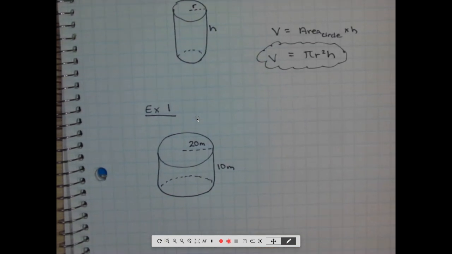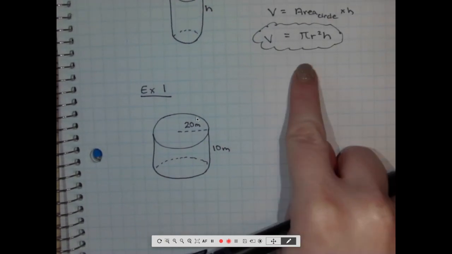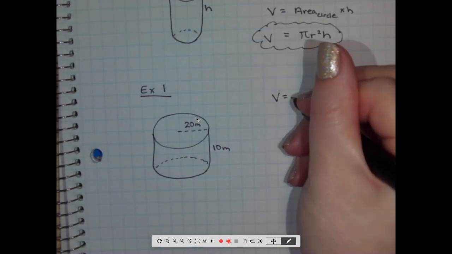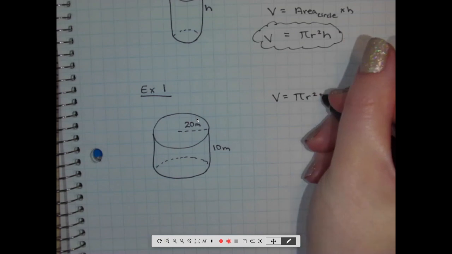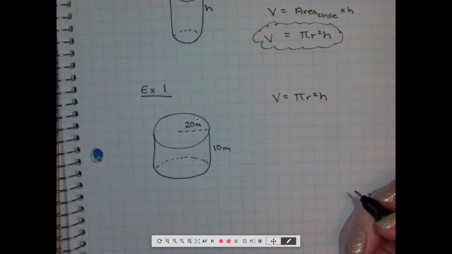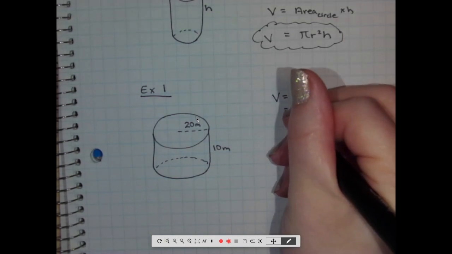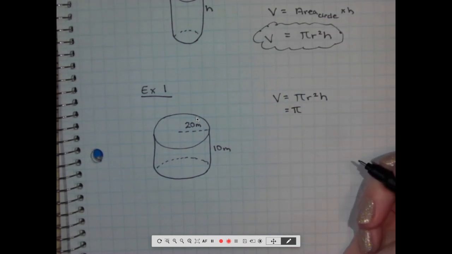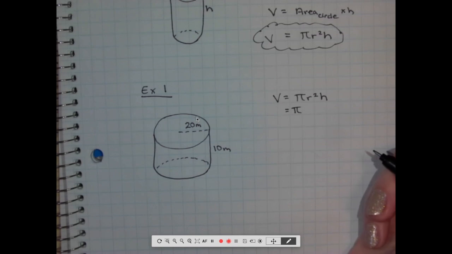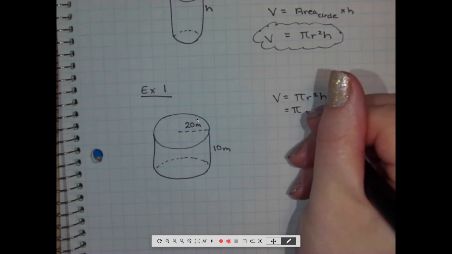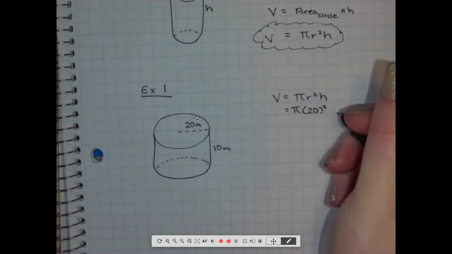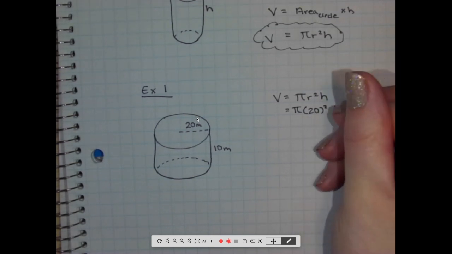So first thing I want to do is I want to use my beautiful golden formula. My volume equals pi r squared h. So in this case, pi, well, in all cases, pi is just the same. It's a constant. We don't need to mess with pi. My radius was 20, so 20 squared. And my height was 10.